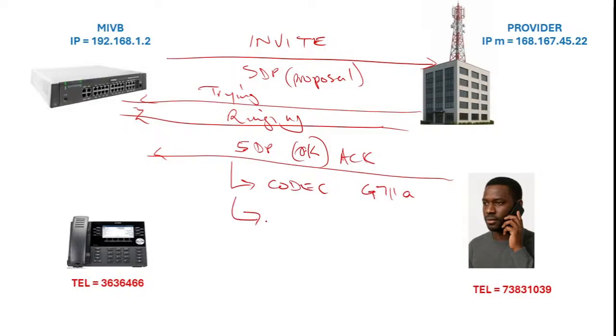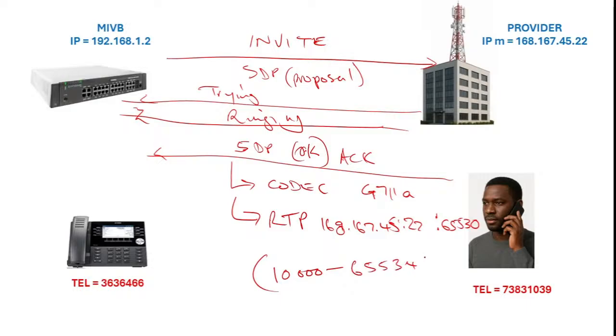And it's going to say, let's open up an RTP media stream with me, which is my IP address here, 168.167.45.22, and it's going to choose a port, maybe 65530, because the provider has got an IP port range of 10,000 up to 65534.